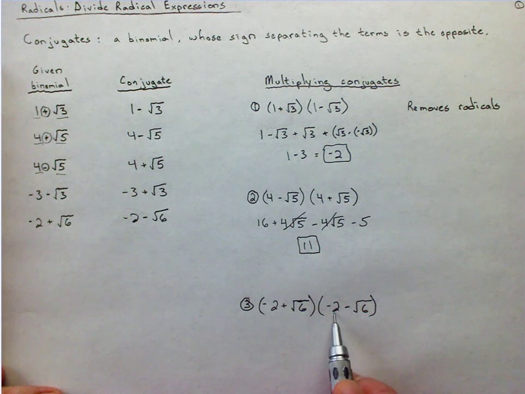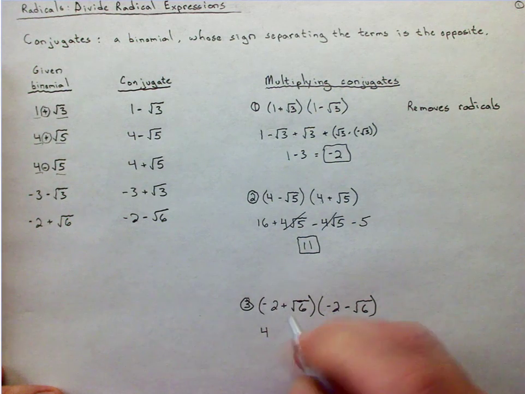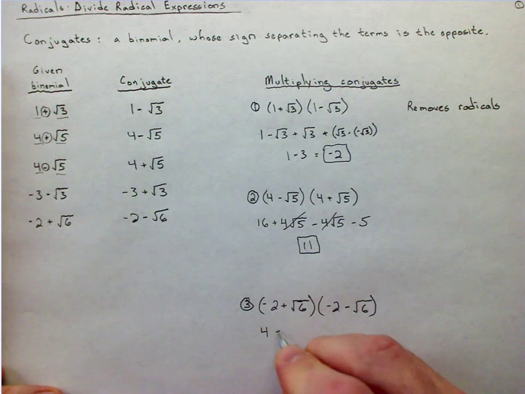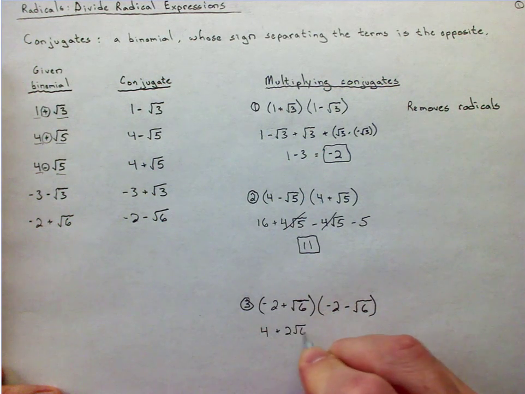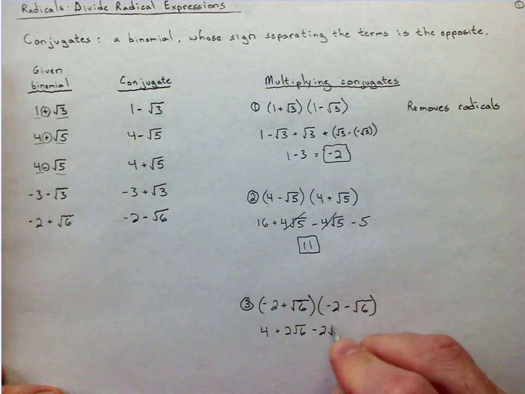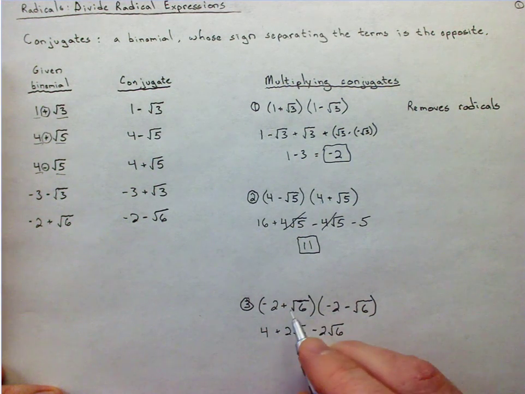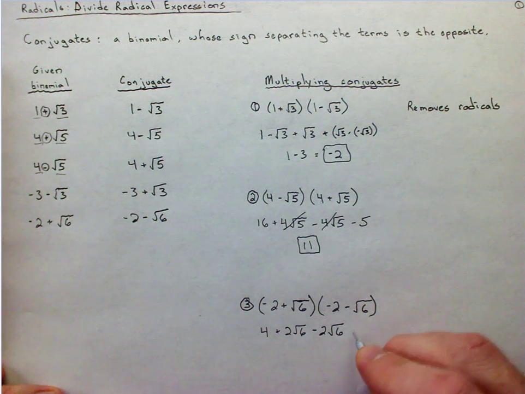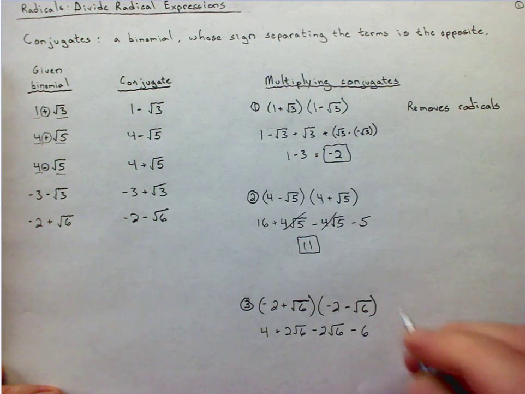Negative 2 times a negative 2 is 4. A negative 2 times a negative square root of 6 is a positive 2 square roots of 6. Square root of 6 times a negative 2 gives me a negative 2 times the square root of 6. And the square root of 6 times a negative square root of 6 gives me a negative 6.